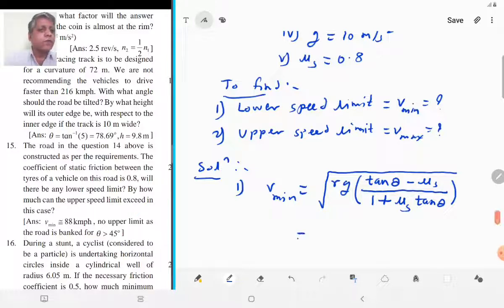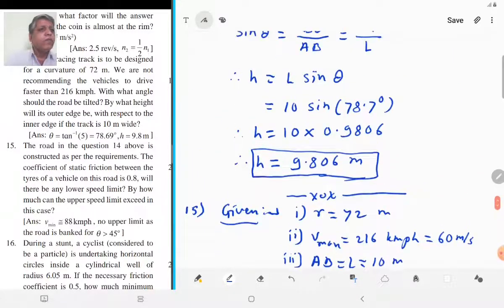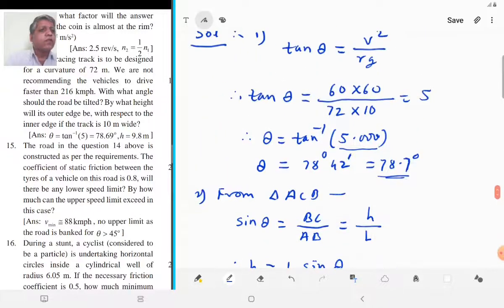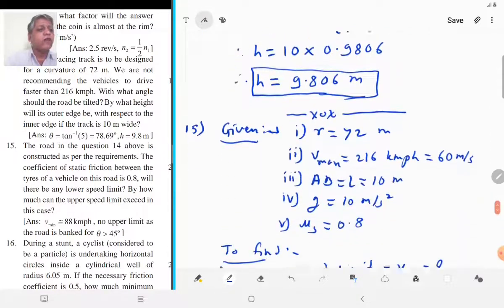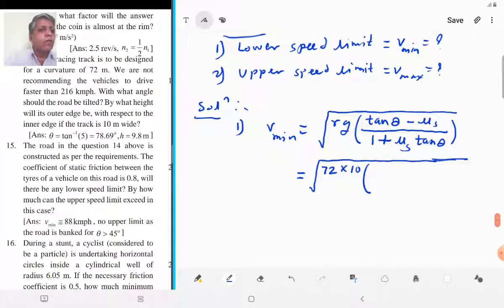We get the value of R is 72, value of g is 10, into bracket the value of tan theta. In earlier numericals, the value of tan theta is equal to 5. So instead of tan theta, we write 5 minus mu s.